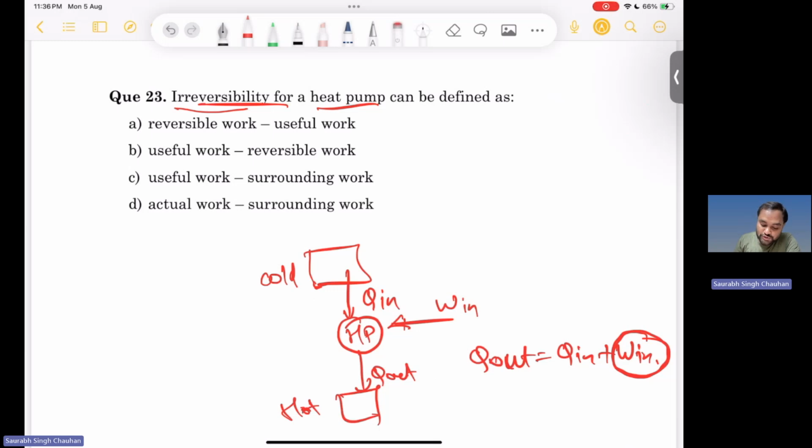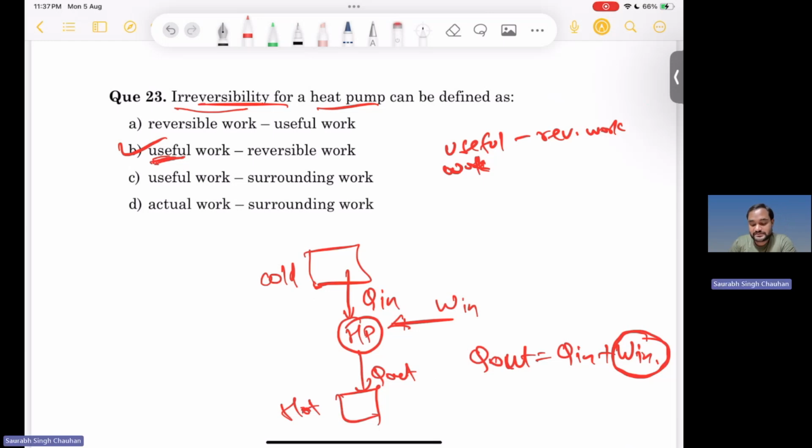Useful work means the actual work, so useful work minus reversible work. This is the extra work you are putting in. So this is the representation of the irreversibility involved. So part B should be the correct option.